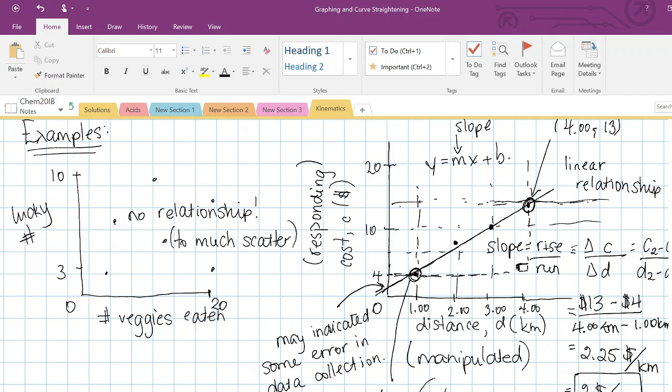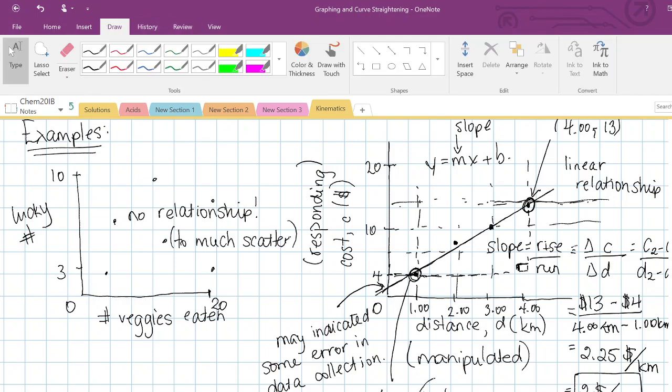So for our second point, this point here happens at the 4.00 and the 13 mark. This point here happens at the 1.0 and the 4.0 mark. And so for our slope, we're going to take C2 minus C1 over D2 minus D1.